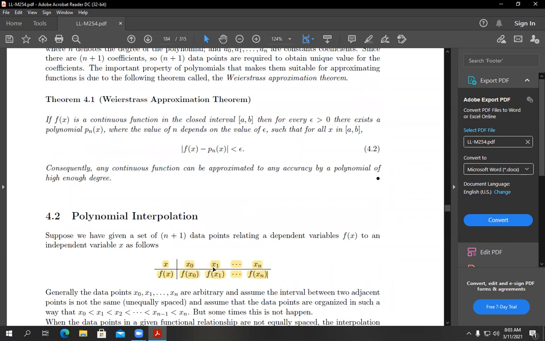Because we don't know the formula of f of x. Someone gave us a table like this by experimental work or survey work, as I told you before. We need to find the approximation of the function at any point between x0 and x1, or x1 and x2, and so on.